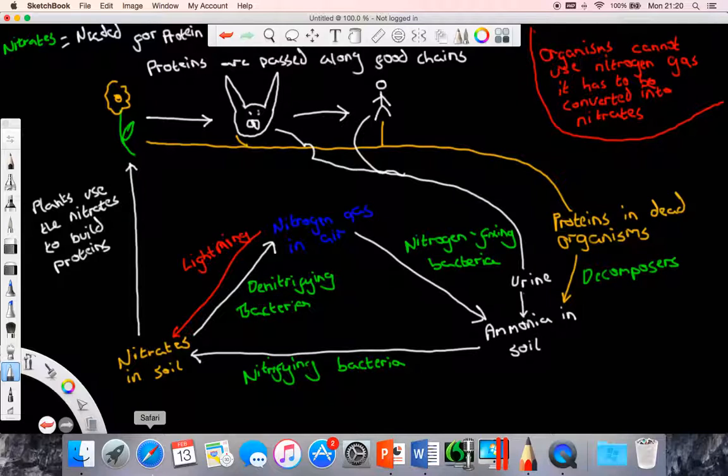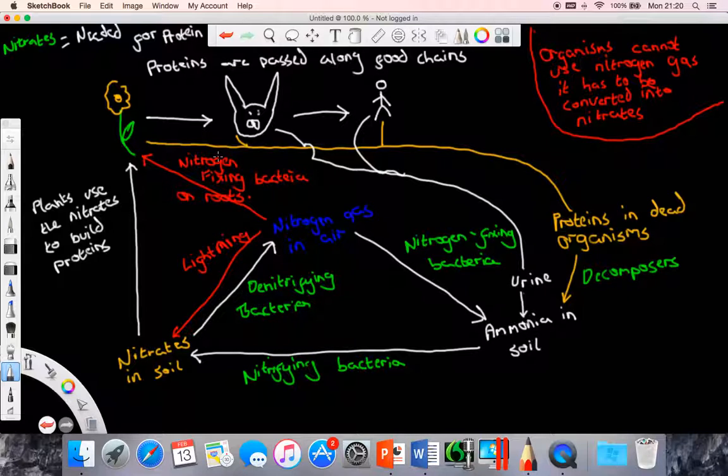Now, some plants have nitrogen fixing bacteria in their roots. So they can use nitrogen gas directly. So nitrogen fixing bacteria on roots.